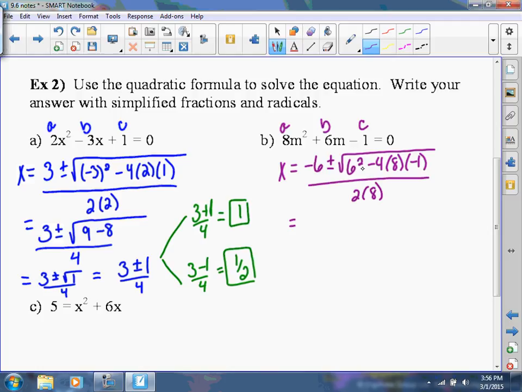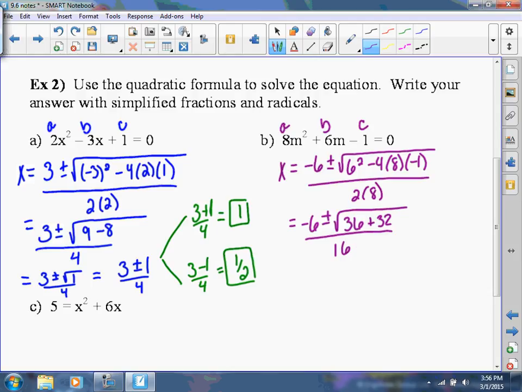That's okay. So I'll have negative 6 plus or minus the square root of 36. And then let's see, we have 4 times 8, which is 32, times a negative 1 is a negative 32. So I have minus a negative 32, which is plus 32, all over 16.